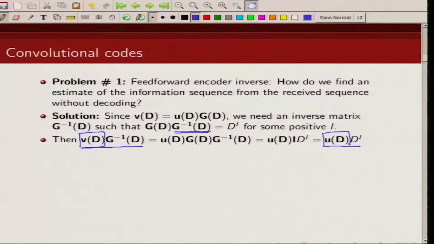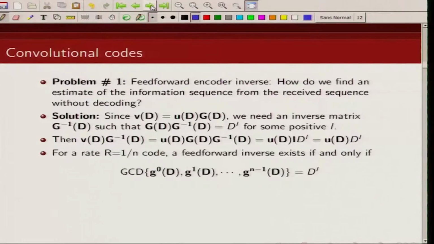In many cases, for example if the channel conditions are good, you may want to first check whether you can directly estimate the information bits, so you may want to pass it through this encoder inverse circuit. I am now stating without proof the condition under which a feed forward encoder inverse exists.